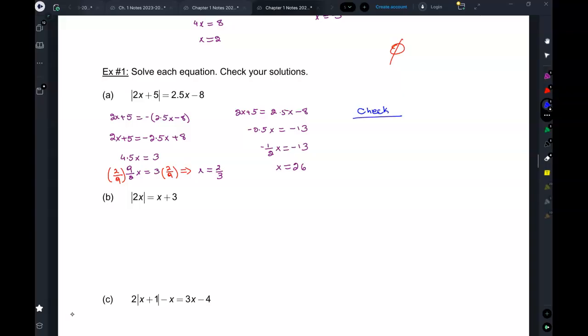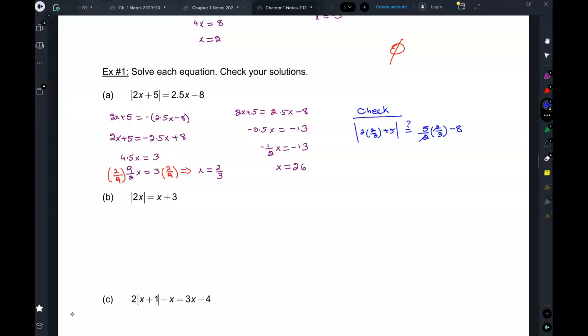Okay, does the 2/3 work? 2 times 2/3 plus 5 in the absolute value. Is this equal to 2.5 times 2/3 minus 8? You know, I'm actually going to keep writing the 2.5 as 5 over 2. I just like fractions so much better. So here, right, these go away.